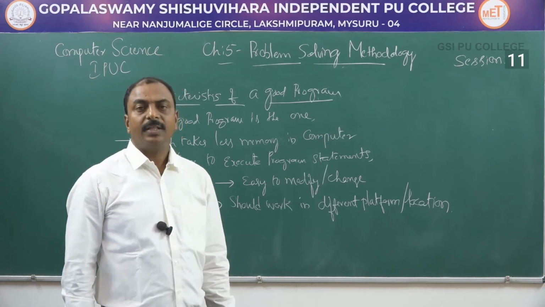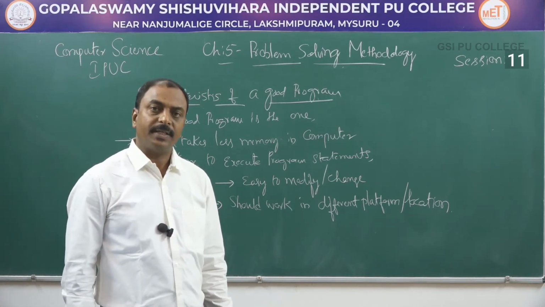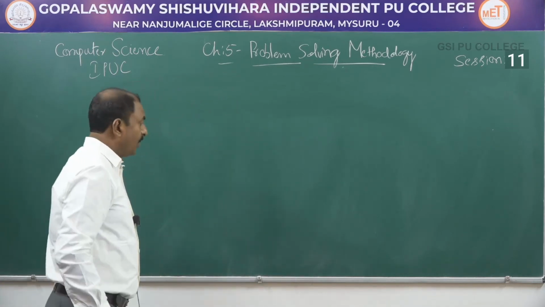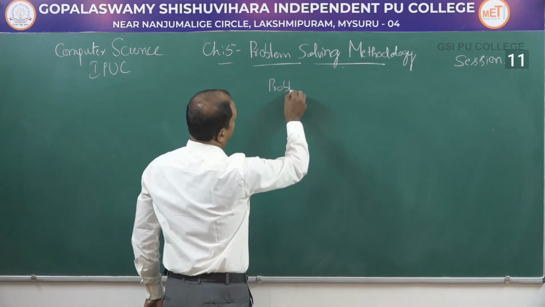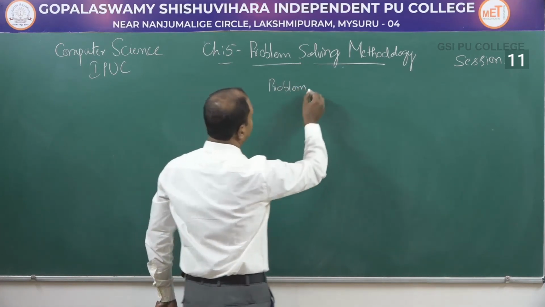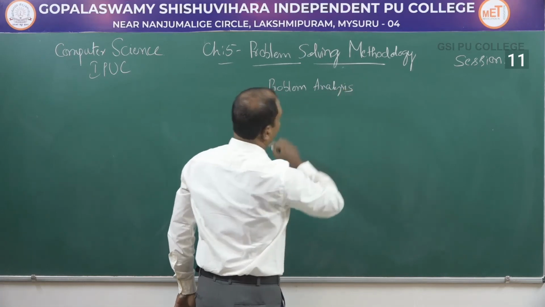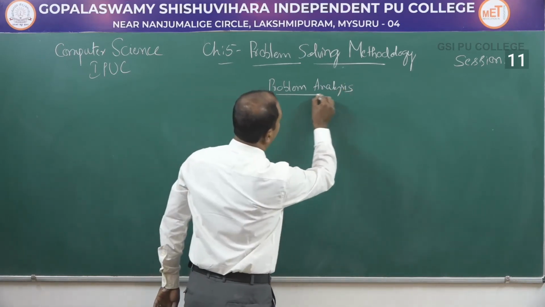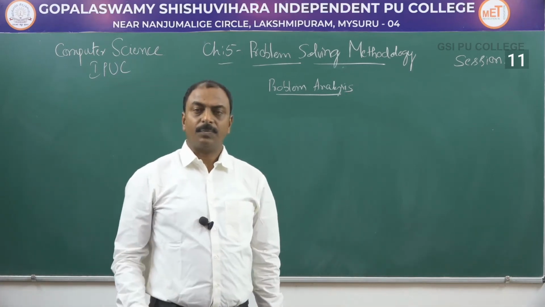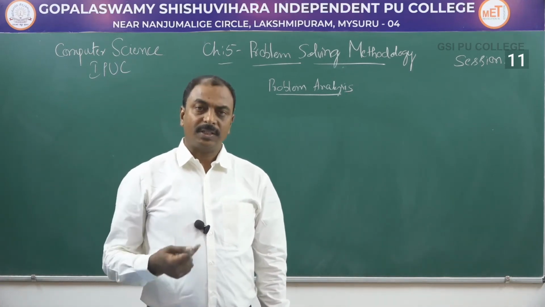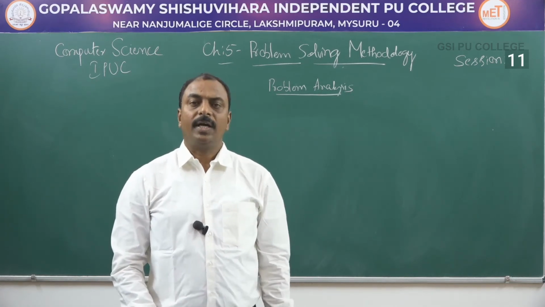Next we will see the life cycle of a computerized problem solving method. Now let us write it one by one. First we start with problem analysis. This is the first stage where we start analyzing the problem. Analyzing the problem is nothing but finding the type of input, the type of output, and the formula and everything.